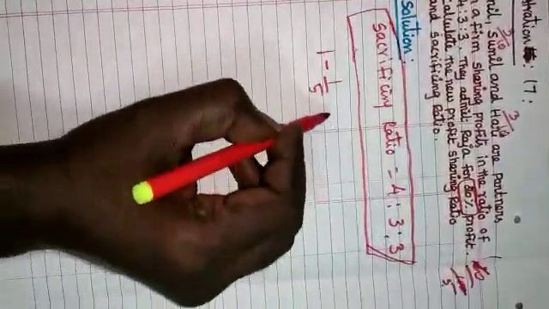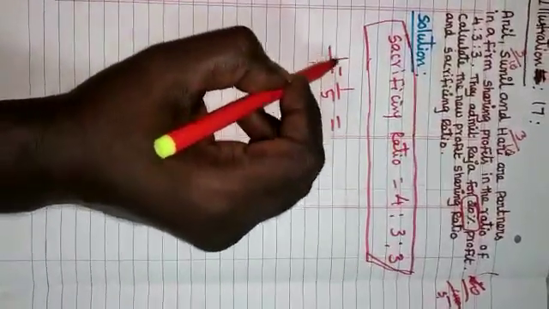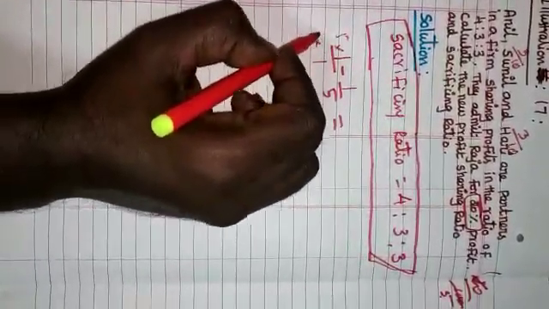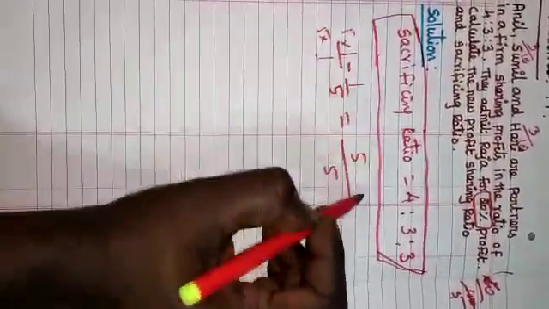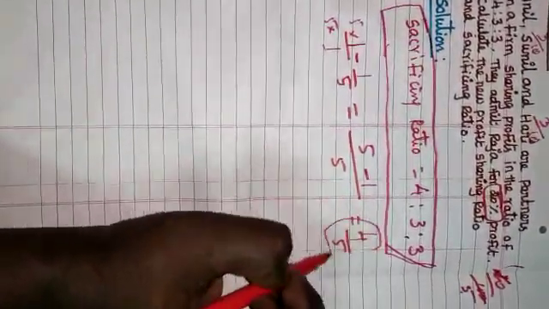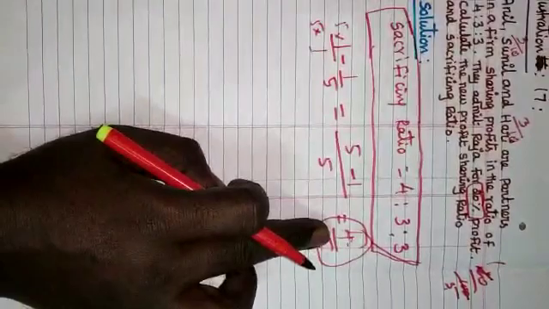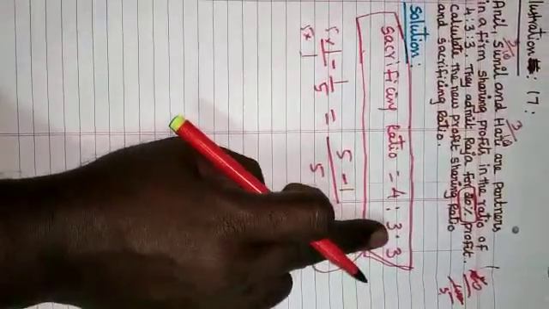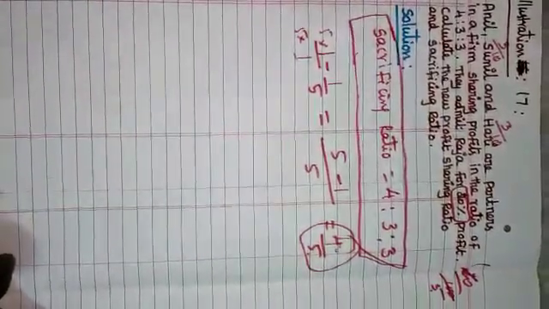Then what is the remaining part of the share? To have a common denominator, we multiply by 5 into 5. So 5 by 5 minus 1 by 5, common denominator, gives 4 by 5. In the whole of 5 parts, one part is given to the new partner Raja. The remaining 4 parts are given to the existing old partners. So on this 4 by 5, based on the share sacrificed, we are going to calculate the new profit sharing ratio.